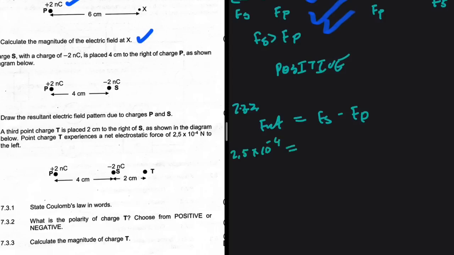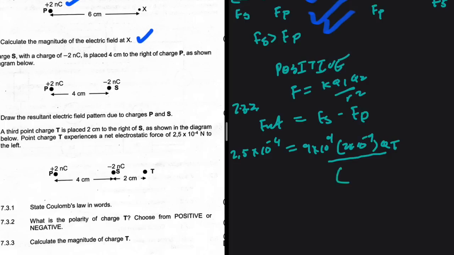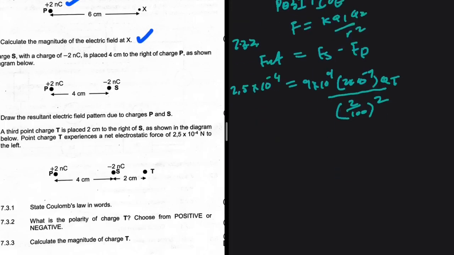What is Fs? We know fully well that F is equal to k Q1 Q2 over r squared, right? And we want the charge at T. So Fs is going to be 9 times 10 to the power 9, the magnitude of the charge S, 2 times 10 to the minus 9, multiplied by Qt, everything divided by the distance between S and T. It is 2 centimeters, so 2 over 100, converting to meters, squared, right?